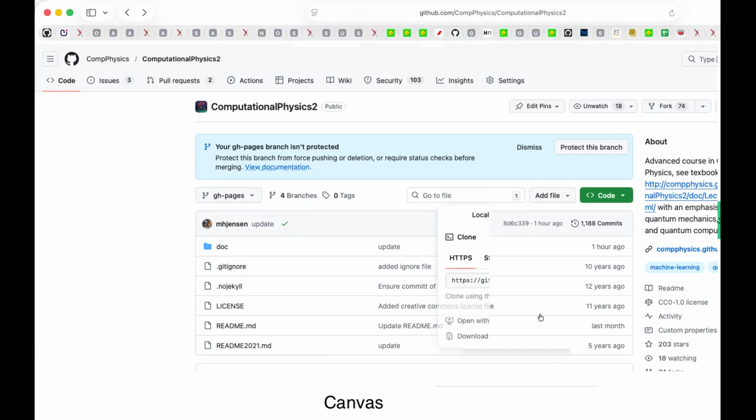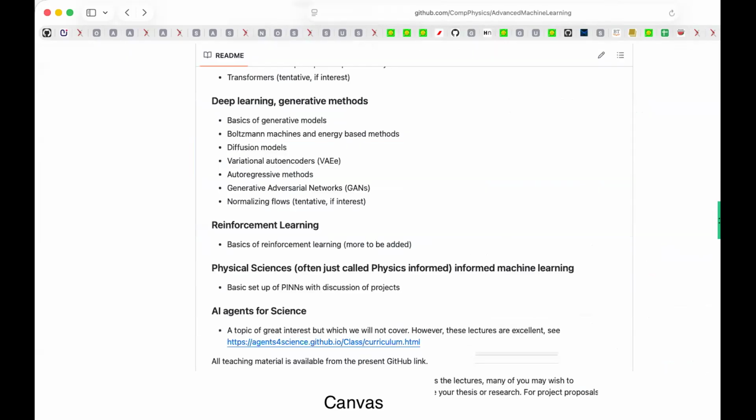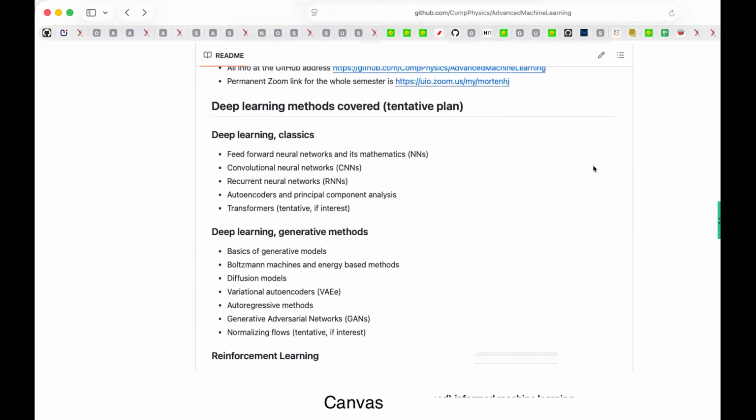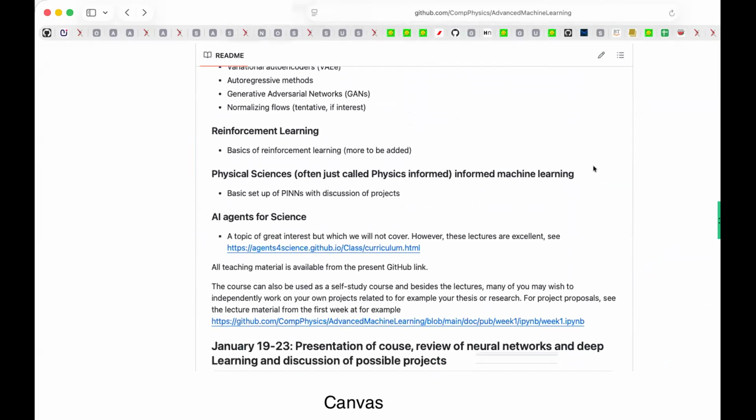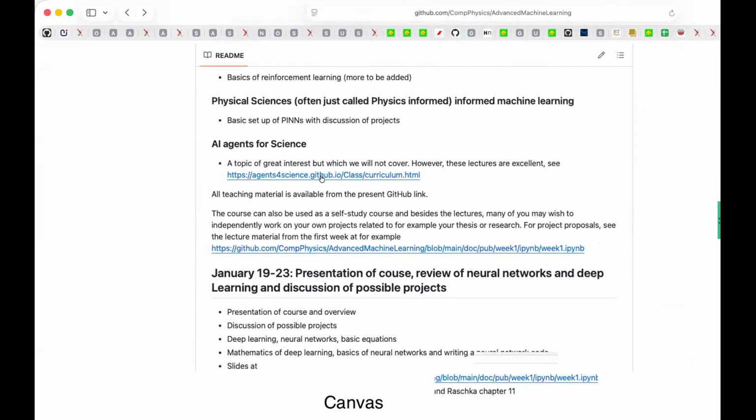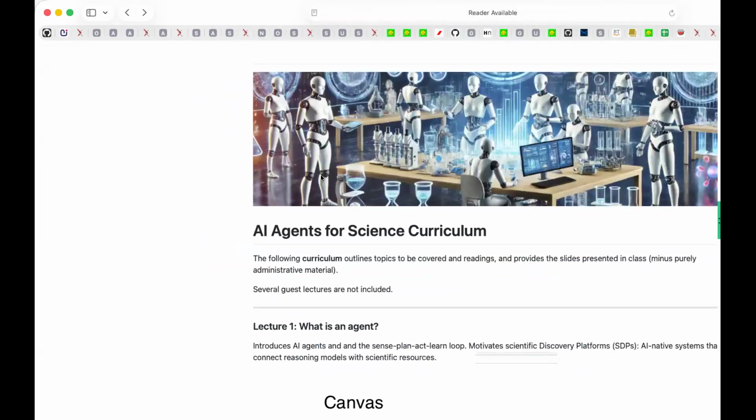There is another tool which I recommend strongly, which we will not teach, but which I would like to teach as a course. If you go to, I'm going to send this as a link to you. I have it as a link on the course on machine learning which I teach. And this is AI Agents for Science.